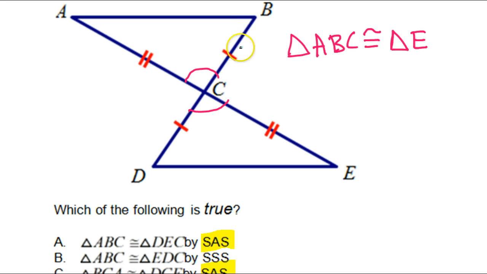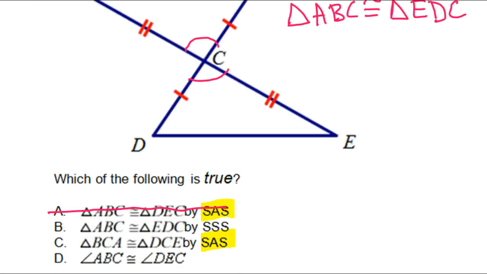And then angle B is going to correspond with angle D. So if B is next, then I'm going to go D next. And that leaves angle C, which is going to be the same in both triangles. So another angle C here. So if I say ABC, then I have to say EDC. Okay, ABC, and they don't have EDC. So the answer is not going to be A, right? Because the congruency statement is wrong.